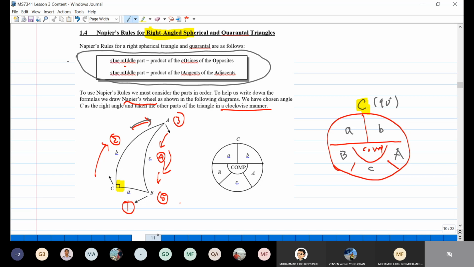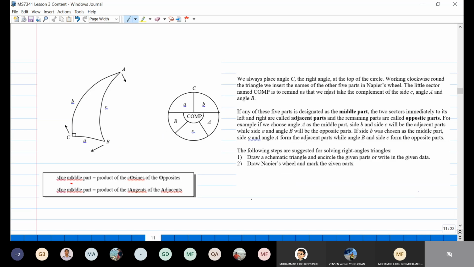So let's see an example here. Let me highlight something so you can see it better. Let's say this is the middle part. I use yellow for the middle part.